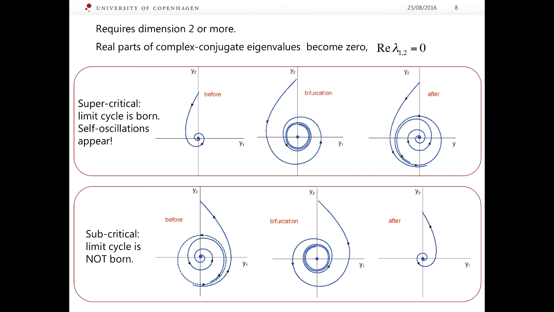So two versions of the same bifurcation unfortunately cannot be distinguished based on the analysis of eigenvalues alone. If you want to find out which version of the bifurcation occurred in the given case, we need to look beyond the eigenvalues. So we need to explore the phase space around the fixed point.